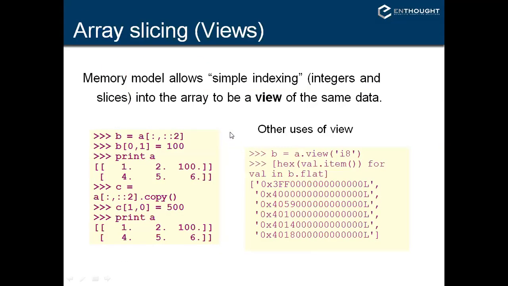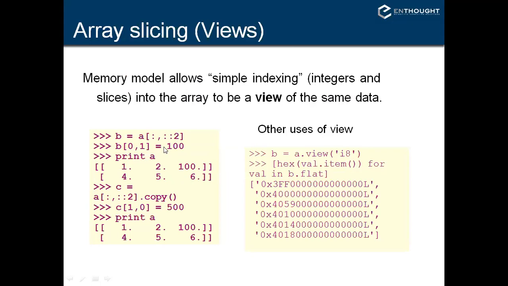Now array slicing with the help of the memory model. We have already understood this. The memory model allows simple indexing, integers and slices into the array to be views of the same data. So how does this work? Now I wish to know what will be the result of a[:, ::2].